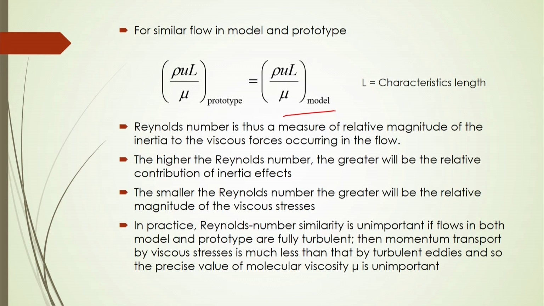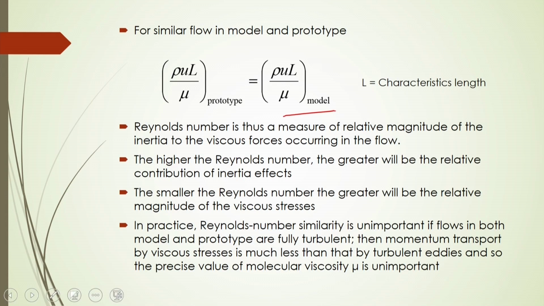And the higher the Reynolds number, the greater will be the relative contribution of the inertial effects. But you can do it either way. If you want to get a higher Reynolds number, sometimes you can use a very low viscosity fluid. In that case you can get more velocity, and the inertia force will be higher.